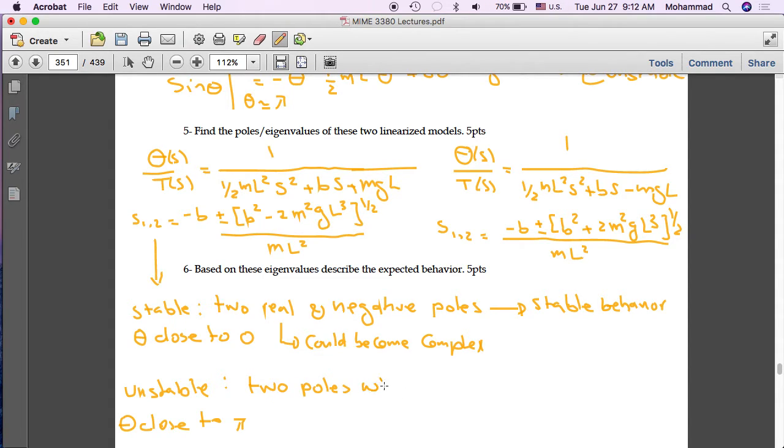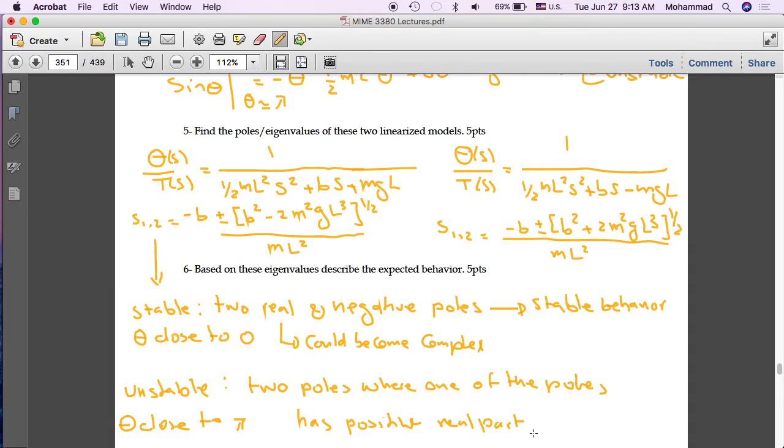So for the unstable case, you have 2 poles where one of the poles has a positive real part. That is the most important fact.